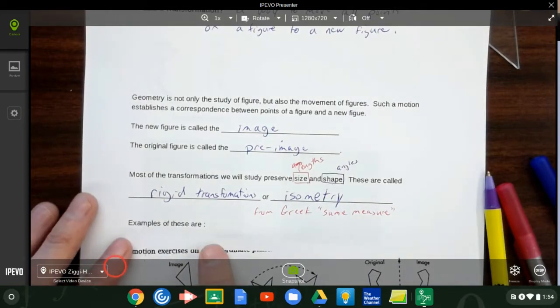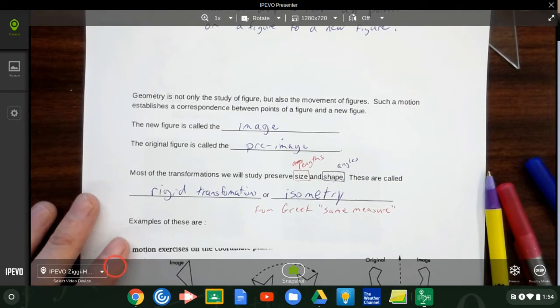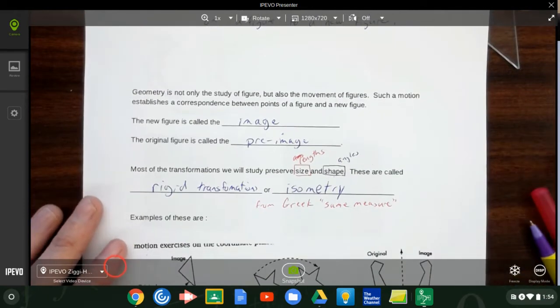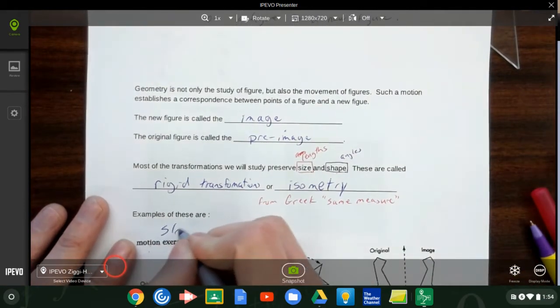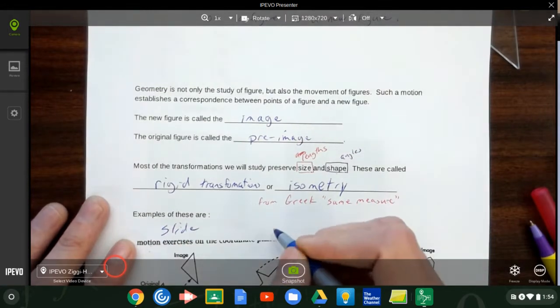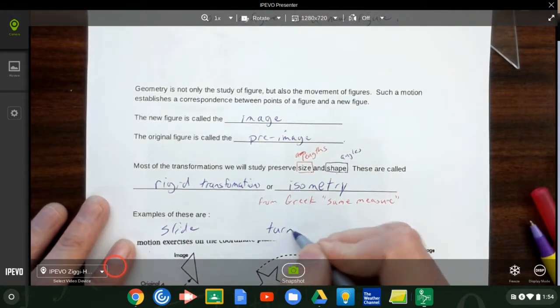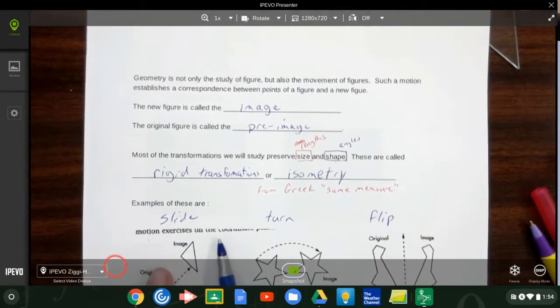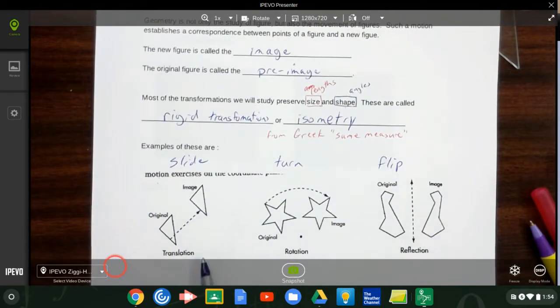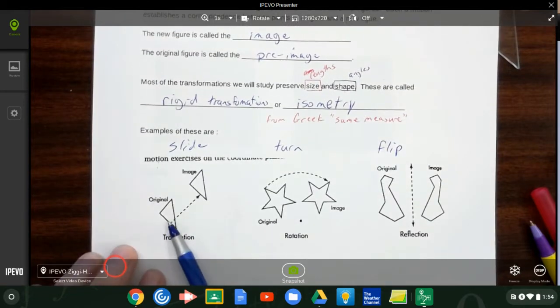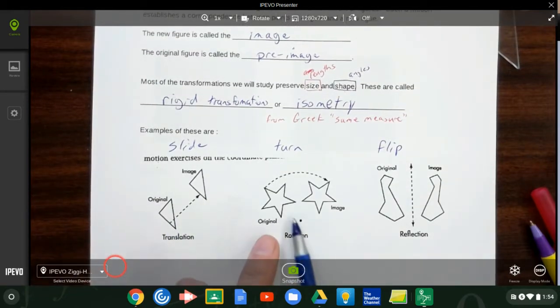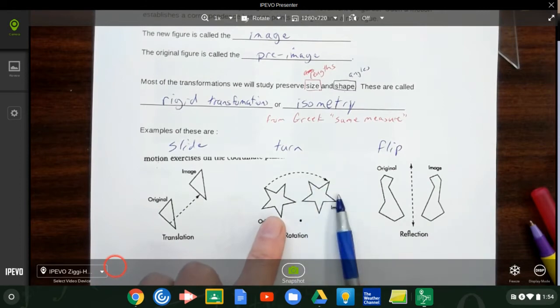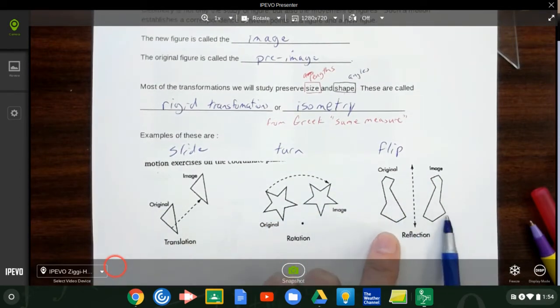We're going to talk about 3 types of isometries. Okay, 3 things that we can do. We can slide things, we can turn things, and we can flip things. Now, slide mathematically is a translation, taking that thing and sliding it over. Turning is rotating, and then flipping is a reflection.